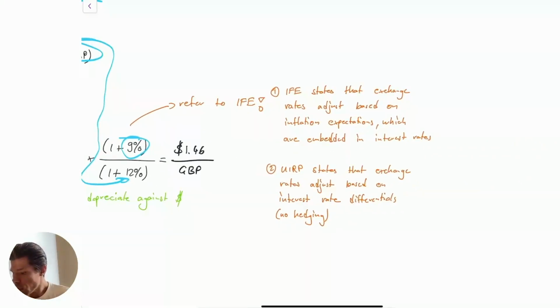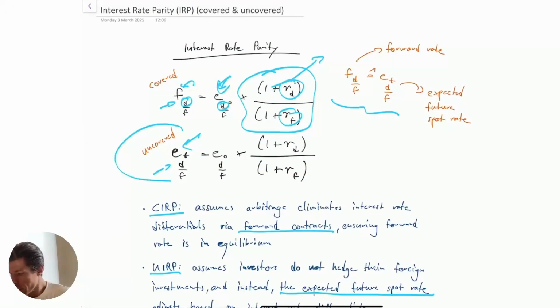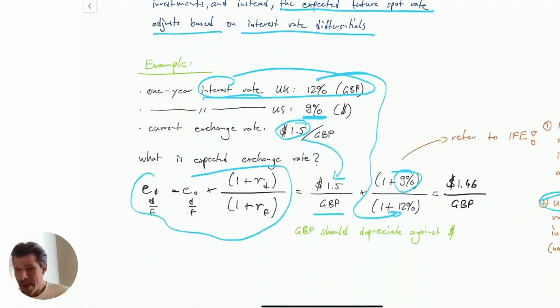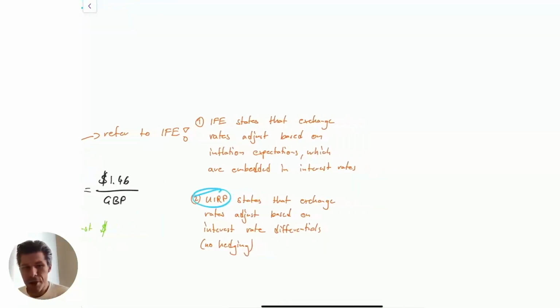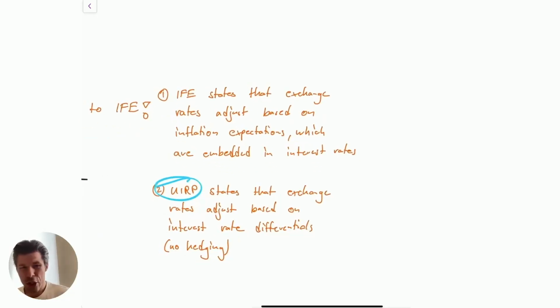Very important, we have two formulas that look quite similar. Here we are talking about uncovered interest rate parity, which we have used in this formula. The IFE, International Fisher effect formula, actually looks identical. It is just how you interpret International Fisher effect and uncovered interest rate parity. Both are based on interest rate differentials in different countries.